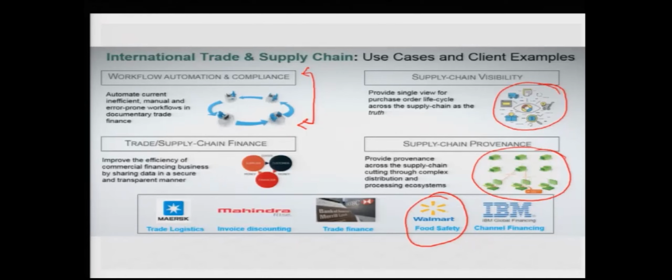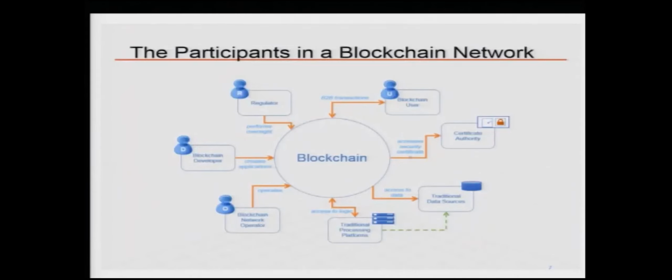All that information can be gathered from the blockchain, and it cannot be tampered with by any of these parties, and that's a good thing to have. Similarly, with supply chain provenance, if you want to know where something came from, whether it involves child labor or not, all that can be tracked if every step of the process puts all the information on a single blockchain. So these are some of the applications we are talking about.